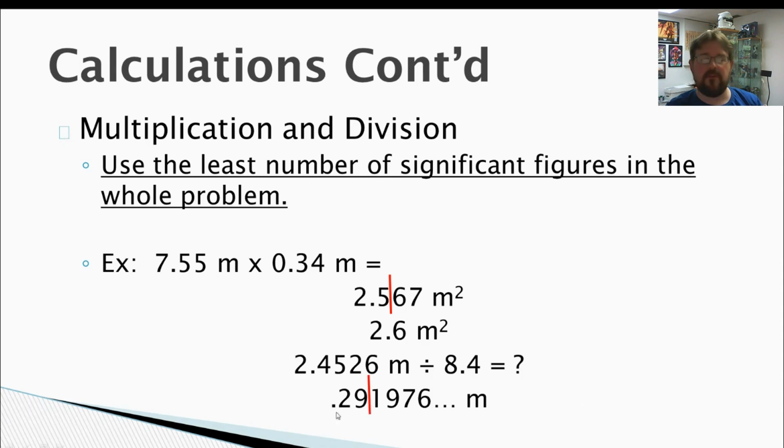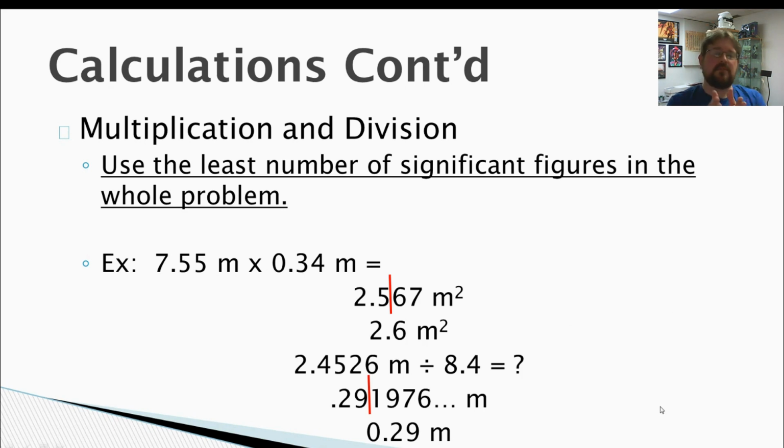We can't go any further, so there's our cutoff. Look past the cutoff. We have a 1. That's in the 4 and below group, so we're going to let it go and round it to 0.29 meters. Okay. And by the way, when it comes to decimals, you should put a 0 in front. I apparently missed it here, but always make sure to put that 0 in front to make sure it's easier to distinguish where the decimal is. Don't forget your units, okay?